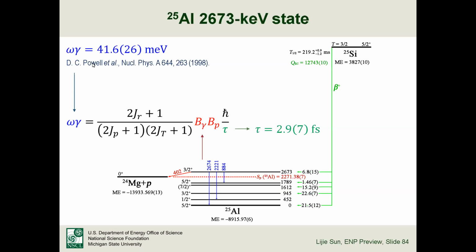Then combining the proton branching ratio and the gamma-ray branching ratio measured in this work with the literature omega gamma value yields a lifetime for this 2673 keV state of 2.9 femtoseconds, which is consistent as well as more precise than the previous lifetime measured by the TUNL group using the conventional Doppler shift attenuation method. Okay, this is also a valuable piece of information.